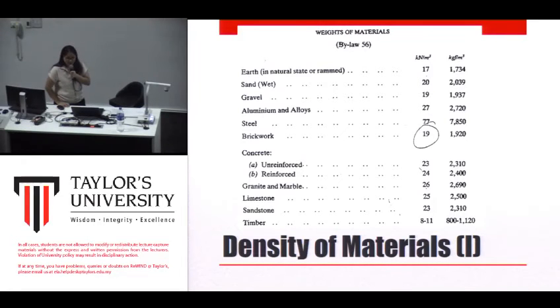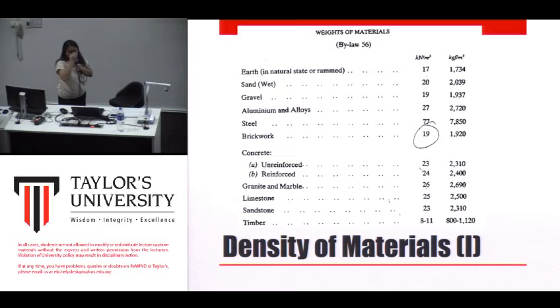The density of material is usually attached in standards or codes. So this is actually part of UBBL. Heard of UBBL, right? What is UBBL? Do you know what is UBBL? Okay.